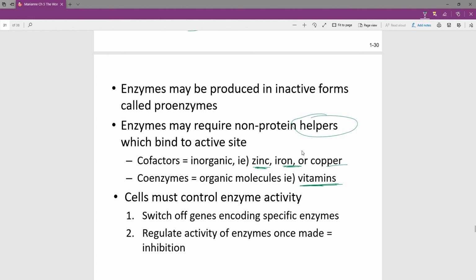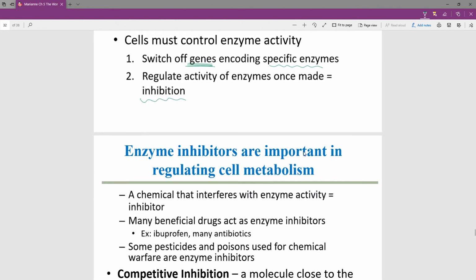And cells have to control enzyme activity. More is not necessarily better. So your genetics can actually turn on and off enzymes and can make for specific enzymes at specific times. You regulate enzymes through inhibition, and we're going to talk a little bit about inhibition.